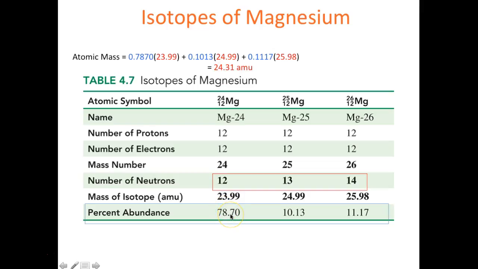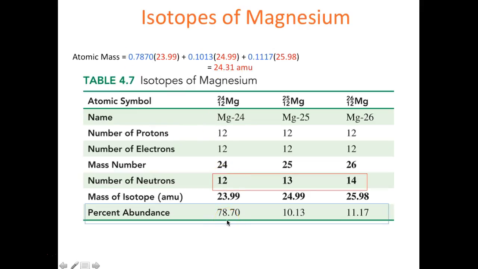If it was a straight average, you would have simply added these 3 masses and divided by 3. But this is a weighted average. The atomic mass listed in the periodic table is obtained by performing a weighted average.